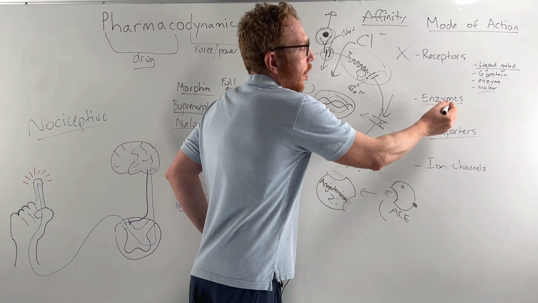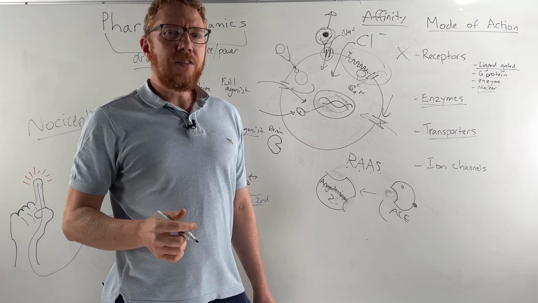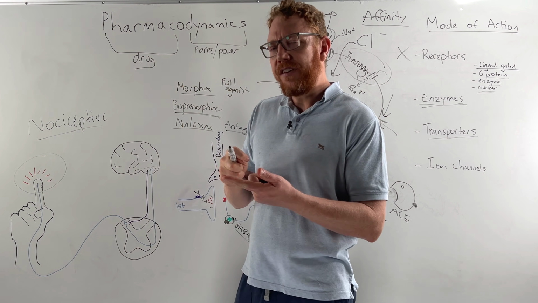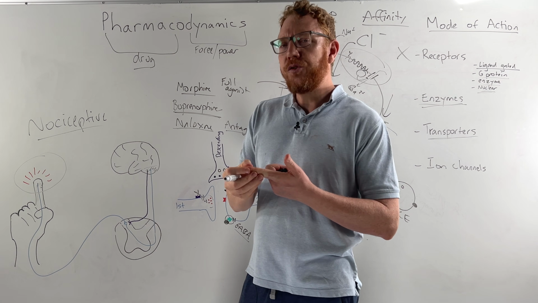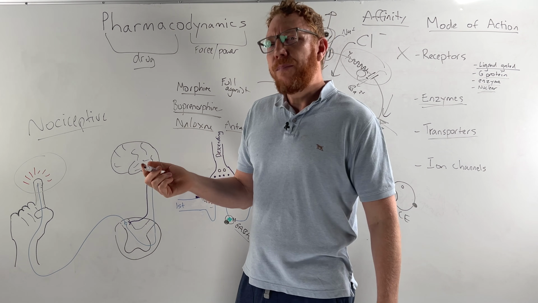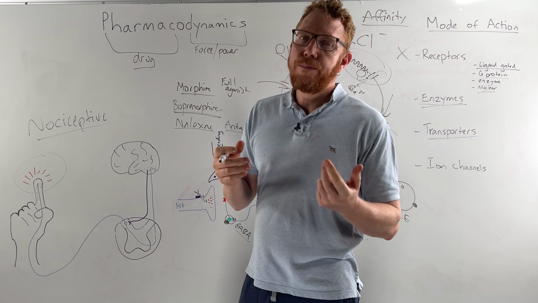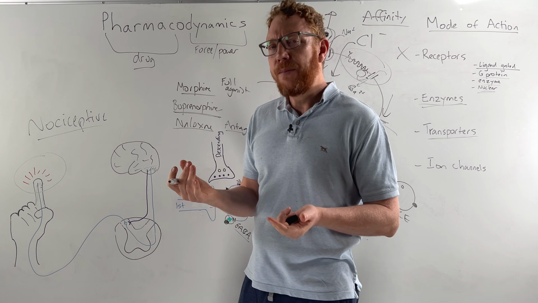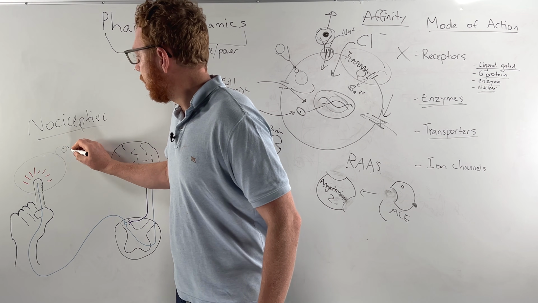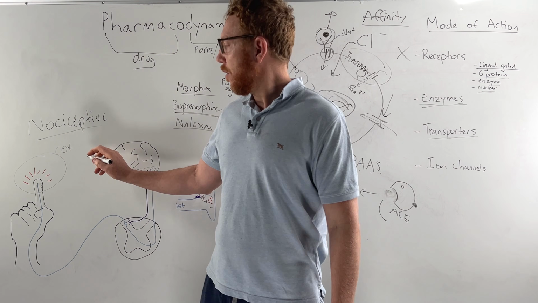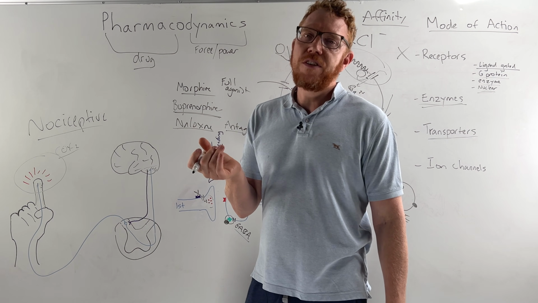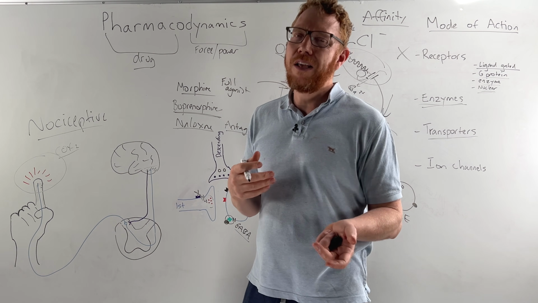The enzymes, so an example of an analgesic enzyme, we would work out here as an example. So if you hit your finger with a hammer, it would cause injury and damage and death of cells in your finger. What would happen is certain cells like white blood cells, like macrophages and other cells that have been damaged, will create enzymes called COX enzymes, cyclooxygenase enzymes, particularly COX-2, and they produce certain pro-inflammatory mediators like prostaglandins and bradykinins.